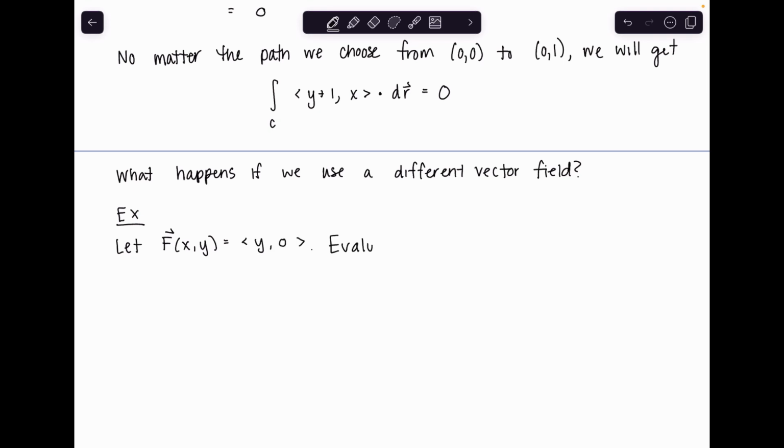We're going to evaluate the line integral over the curve of f dot dr, where first C is the line segment from 0, 0 to 0, 1.